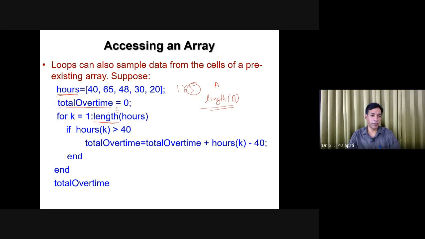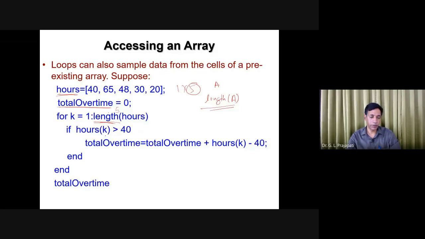So for hours k, k is 1 now. If hours k is greater than 40, then you are going to compute the overtime. Assume that if you are working more than 40, it may be 40 minutes or 40 hours, whatever you can assume, here hours, then it is counted as overtime.